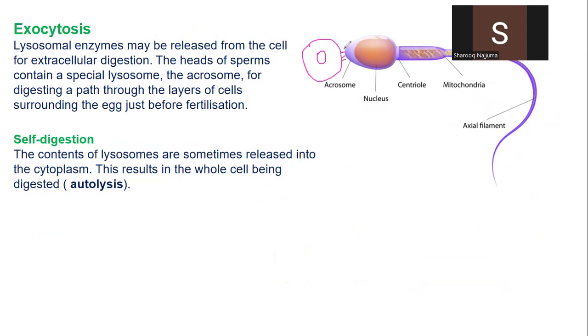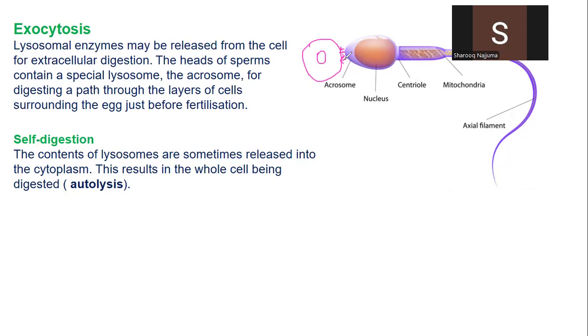So the digestive enzymes are being released outside the cell. So that will be exocytosis. They'll be released outside the cell to digest this egg membrane. So that is exocytosis.